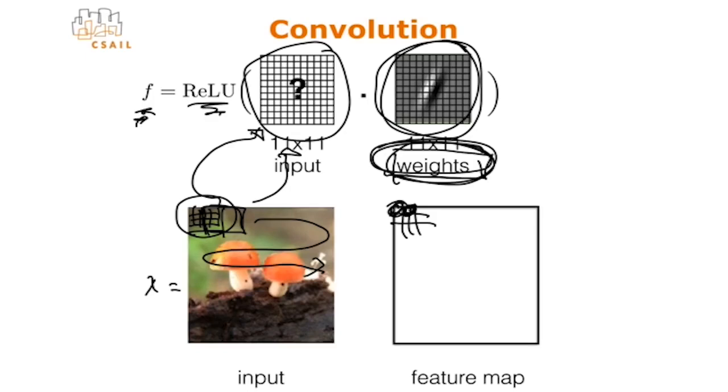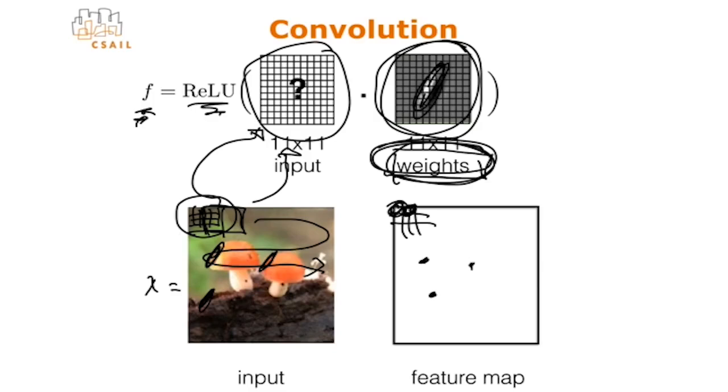So if we are looking for edges of this kind, and we pass that patch here, then we might get a high value in locations where such features appear. So we would get high values here.